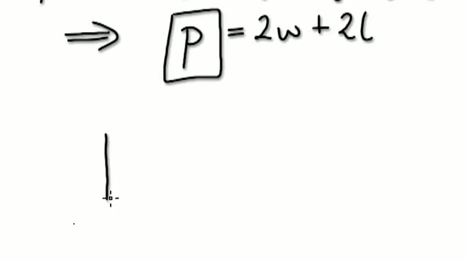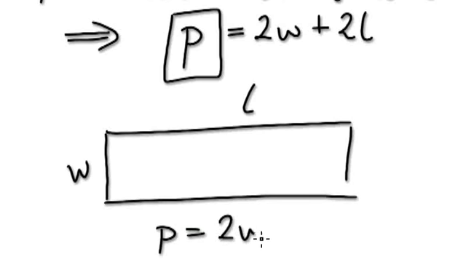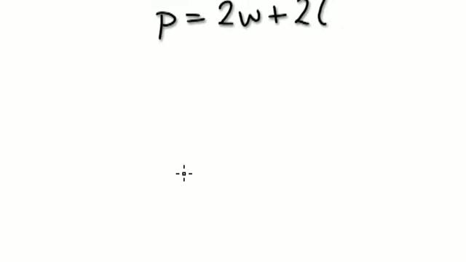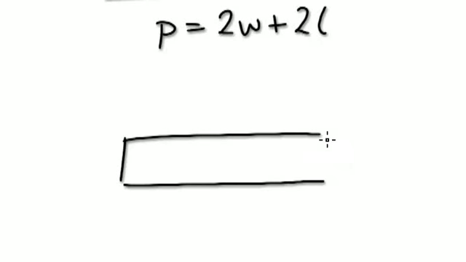Okay, so let's look at this again. We said that if we have a rectangle, and this is W here, this is L here, the perimeter, which is the distance around something, is given by 2W plus 2L. So if someone gives you a rectangle, let's say this rectangle here, now they're giving us figures.